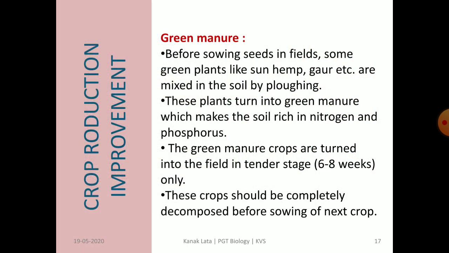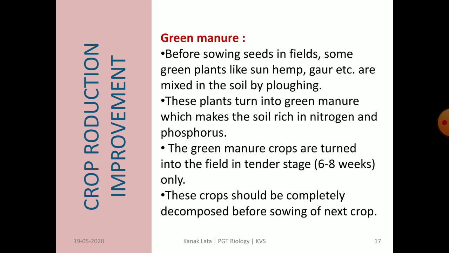Now let us see about green manure. Green manure is prepared in the crop field itself. Before sowing seeds in the field, some green plants like sunhemp and guar, that is cluster bean, are mixed in the soil by plowing. These plants turn into green manure and it is rich in nitrogen and phosphorus, which are essential nutrients of plants.